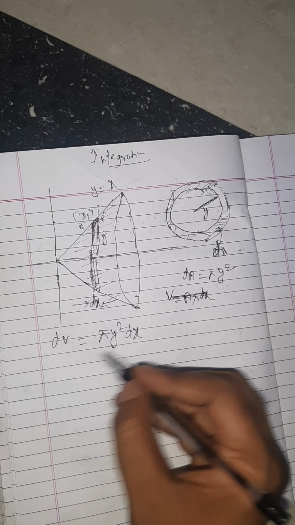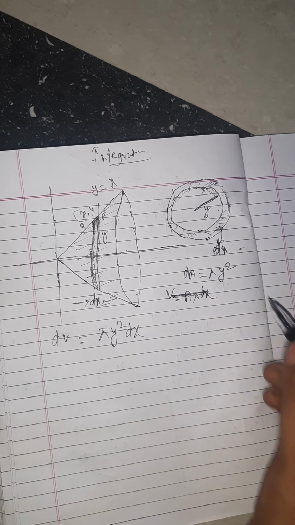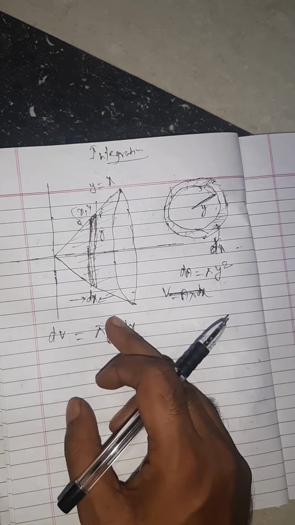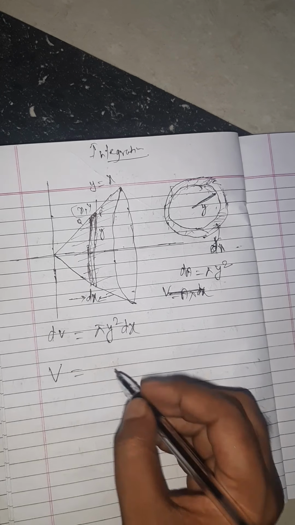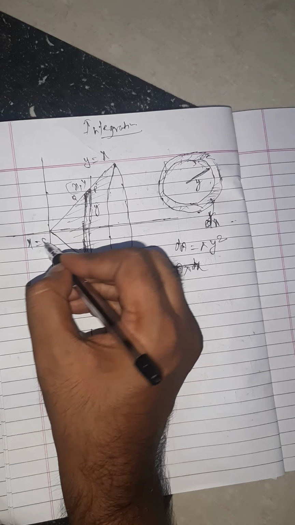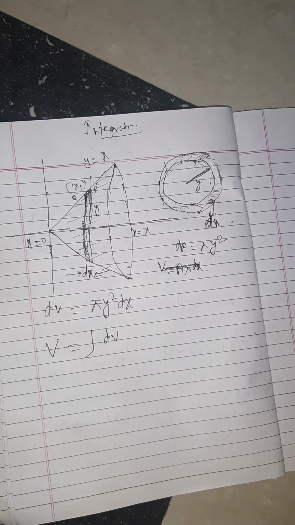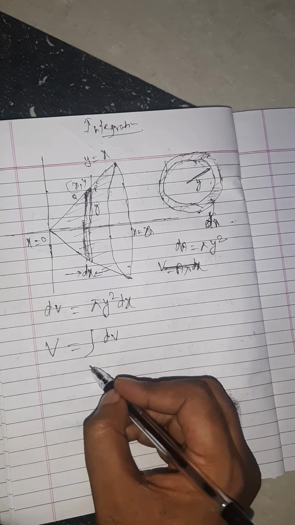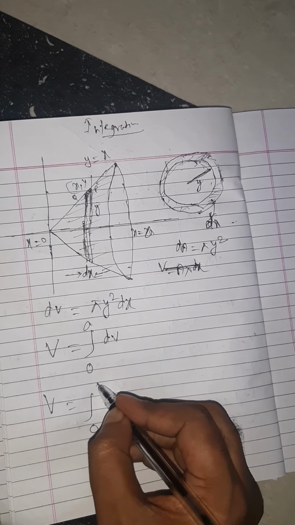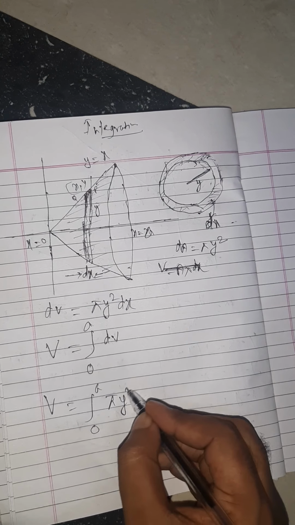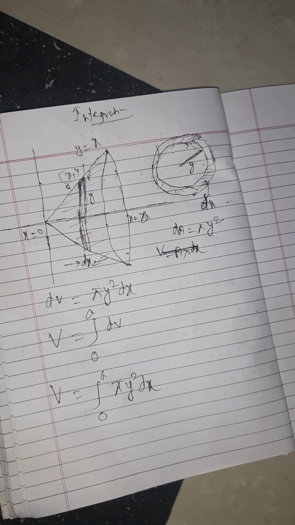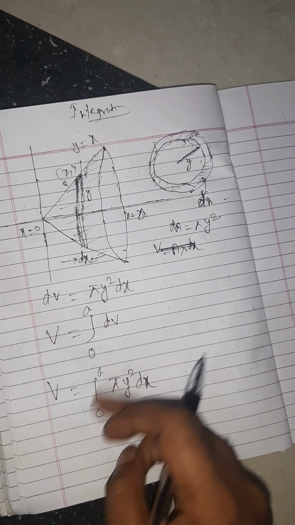So my dv is going to be pi y square dx. If we find the whole volume, then you have to integrate dv from x is equal to 0 to x is equal to a. That means V is the integral from 0 to a of pi y square dx. This is the formula for finding the volume.